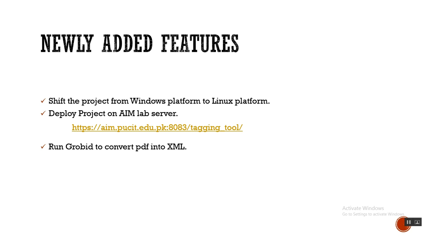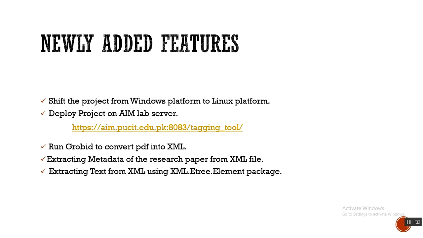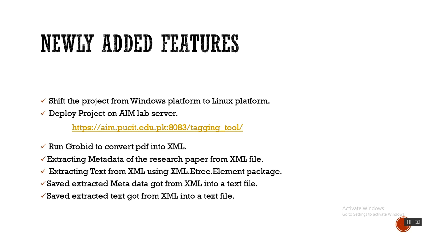So now we have successfully extracted the metadata, text and content of the PDF from the XML file using the etree.element package, and we have successfully saved the extracted text into text files.